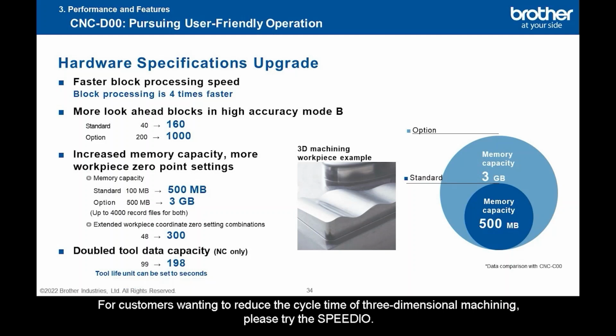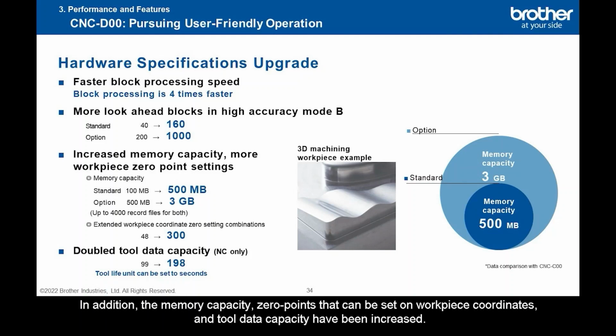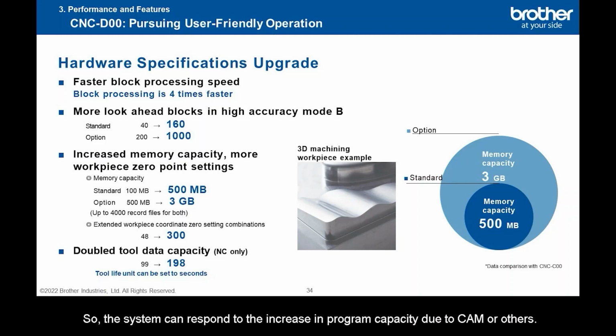For customers wanting to reduce the cycle time of three-dimensional machining, please try the SPEEDIO. In addition, the memory capacity, 0 points that can be set on workpiece coordinates, and tool data capacity have been increased. So, the system can respond to the increase in program capacity due to CAM or others.